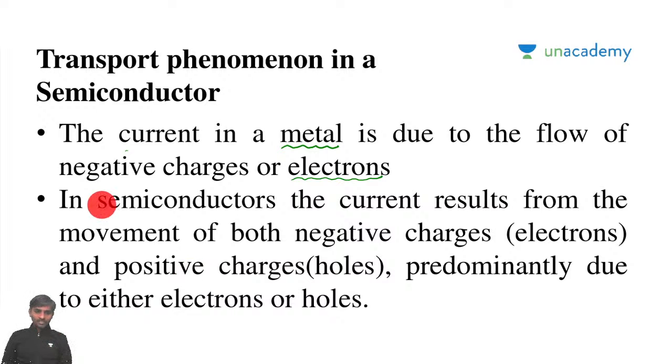Now, in a semiconductor, the current is because of both charge carriers, negative charges and positive charges, but either of them will be predominant.